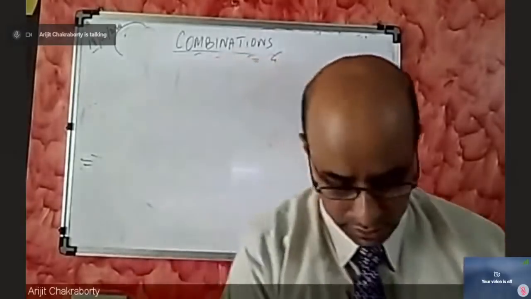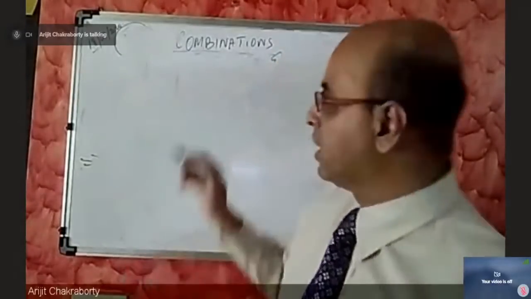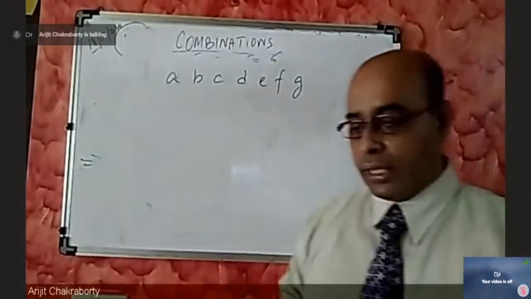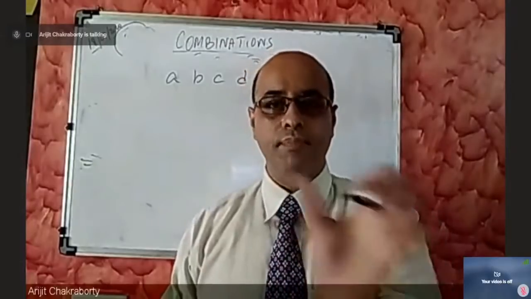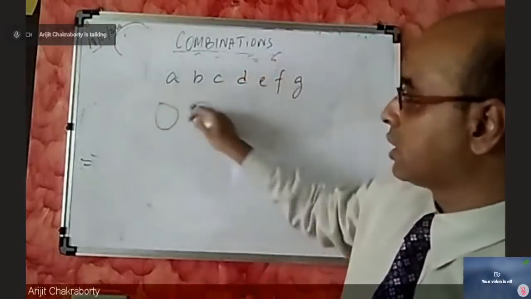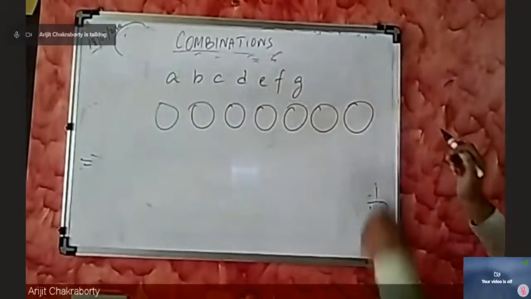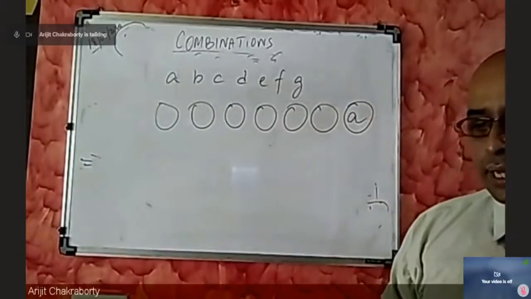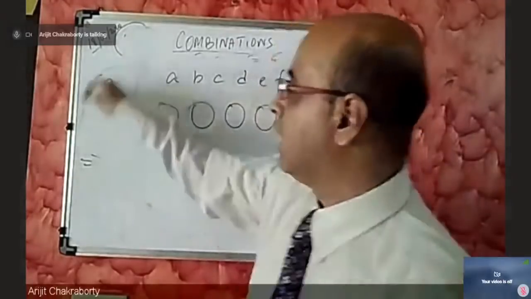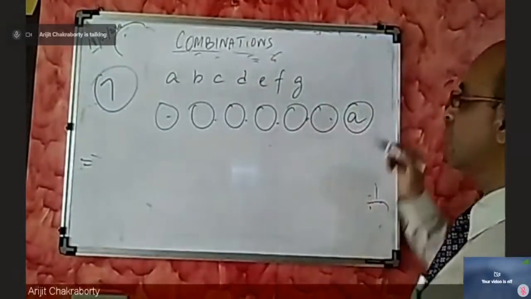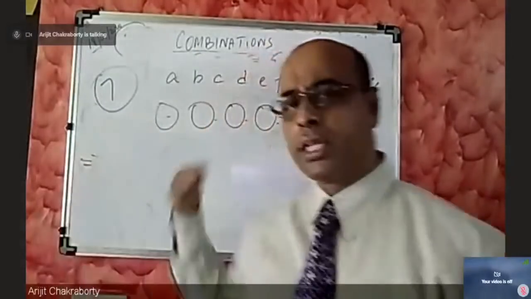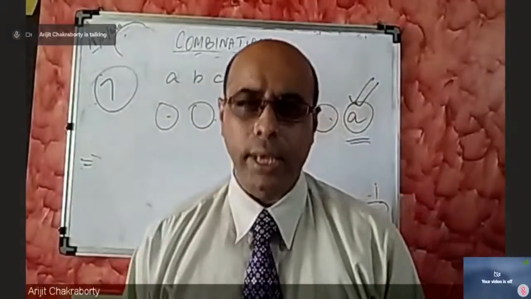If there are seven elements, A, B, C, D, E, F and G, so 1, 2, 3, 4, 5, 6, 7 elements, and you have to create permutations, that is arrangements out of them, such that the last character must always be A. So circles 1 to 7, and the last letter will always be A. How many ways can you do it?